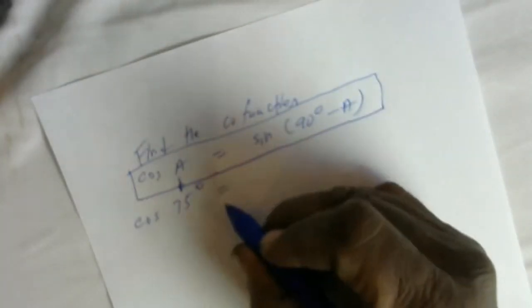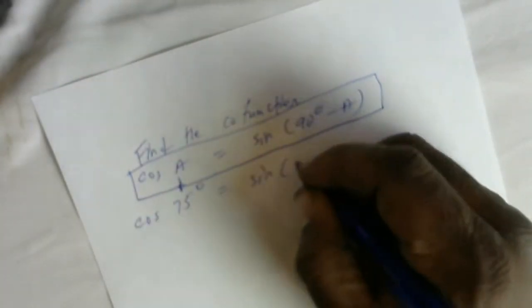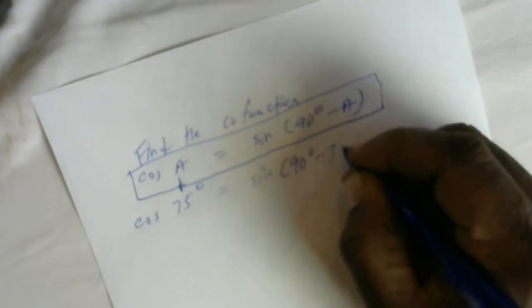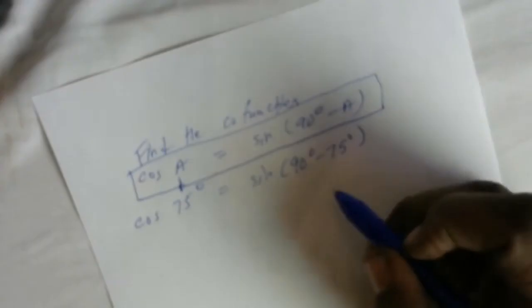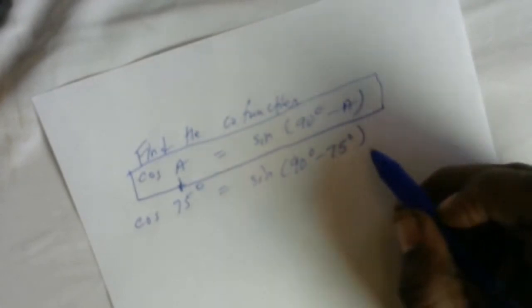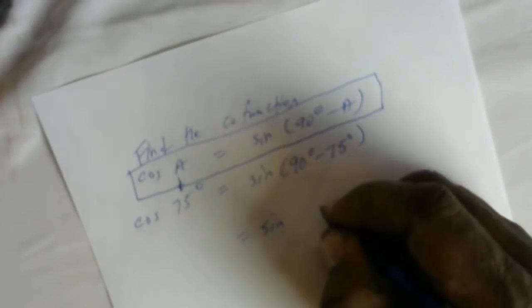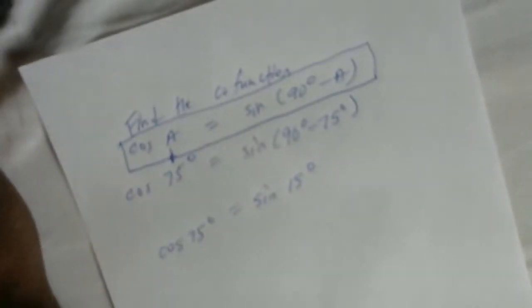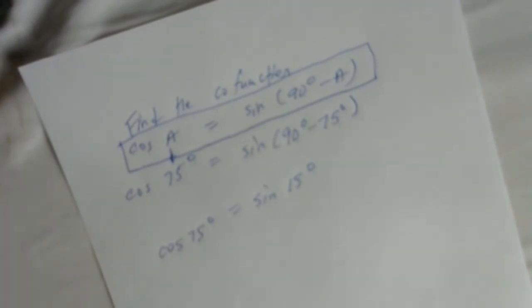So the cosine of 75 degrees is equal to the sine of 90 degrees minus 75. So 90 minus 75 should give us 15. So the cosine of 75 degrees should equal the sine of 15 degrees.